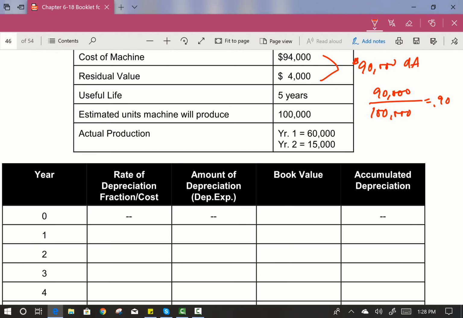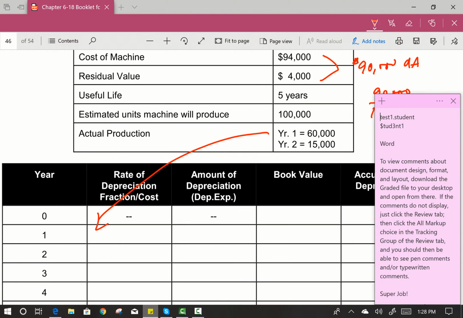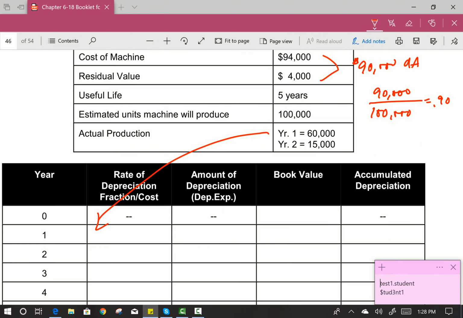And let's see, so the first year is 60,000. Bring that right down here. So 60,000 times 90 cents a unit.